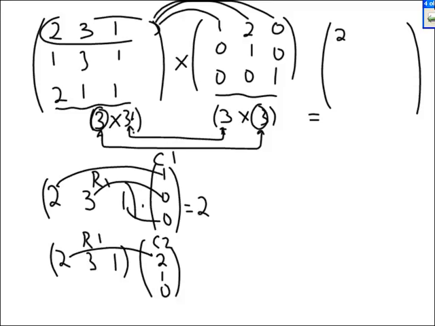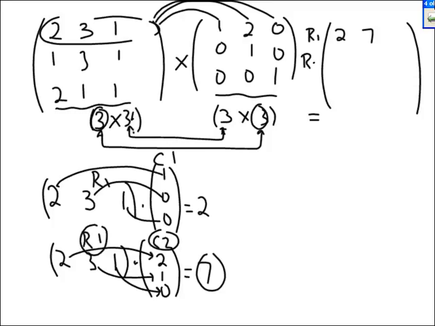So I get 4 plus 3 is 7 plus 0. 7 plus 0 is 7. First row, second column. That's where I put the 7.